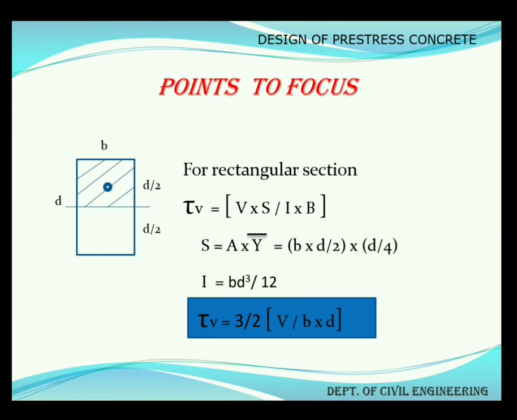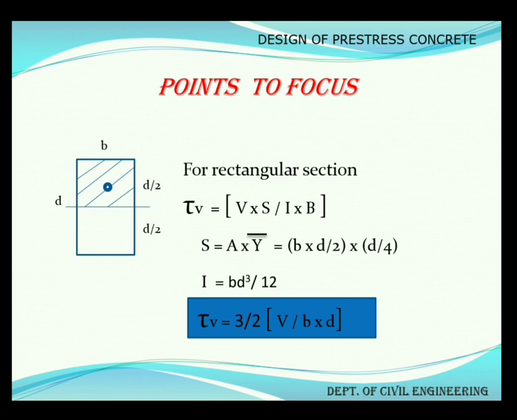Now the first point to be considered here is, for a rectangular section, as discussed in the previous video, the shear force is of main concern in the top half portion, that is above the neutral axis. Hence, to calculate the shear stress, the following procedure can be taken into consideration.